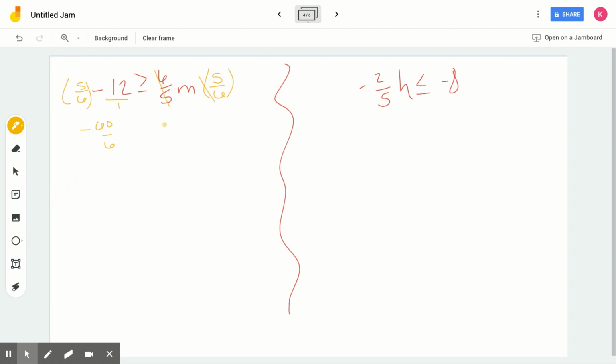The coefficient will cancel here, so we're left with m. Now here, this one they tried to trick you. We multiplied by a positive, so we leave the inequality the same. When that variable is on the right, we rewrite it facing the opposite direction. Negative divided by a positive is a negative. 60 divided by 6 is 10. So m is less than or equal to negative 10.